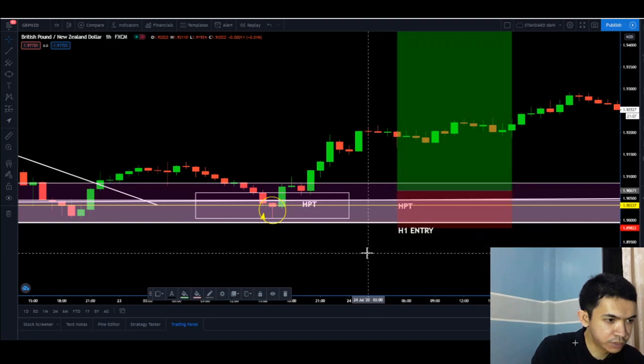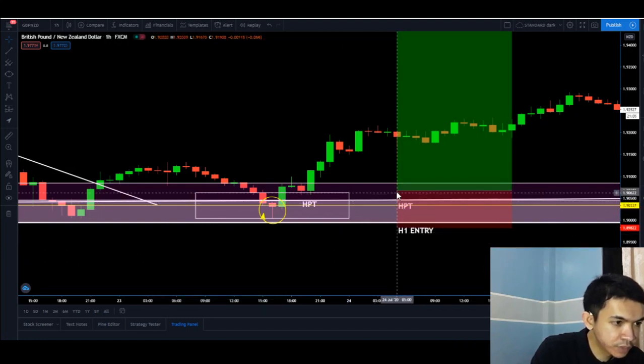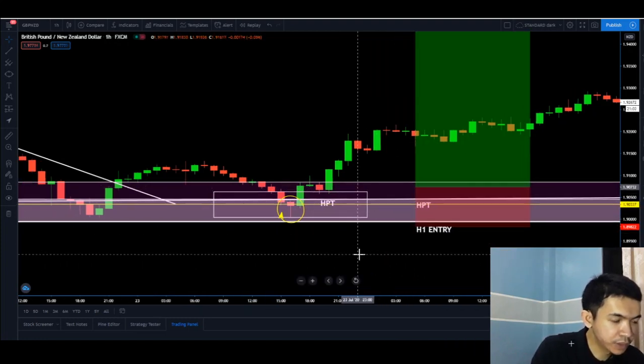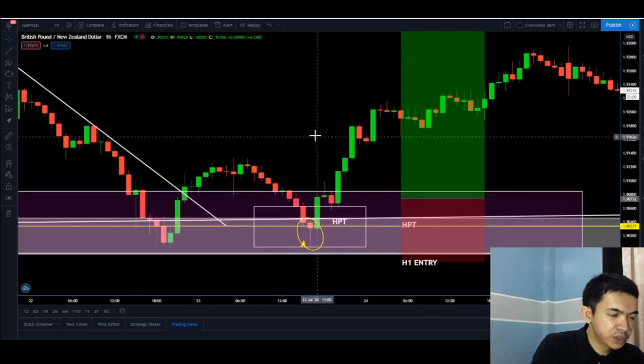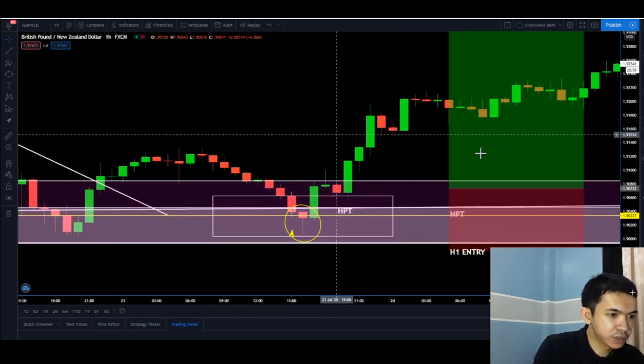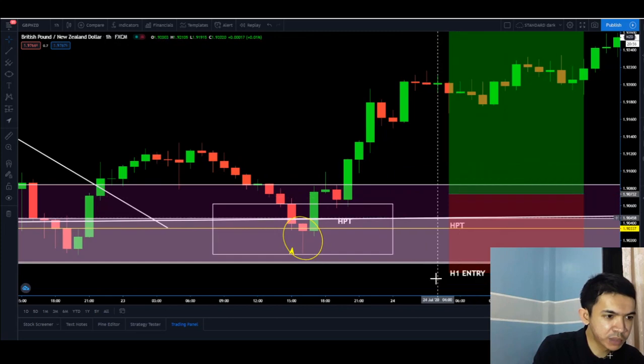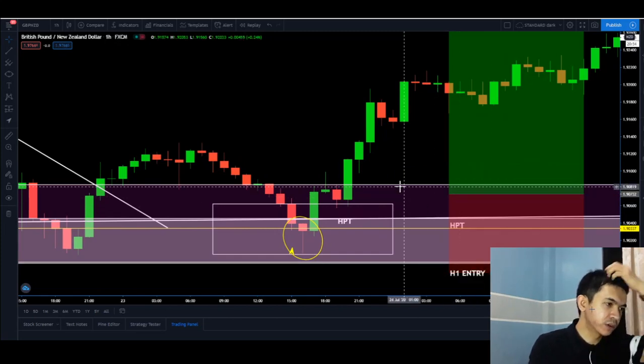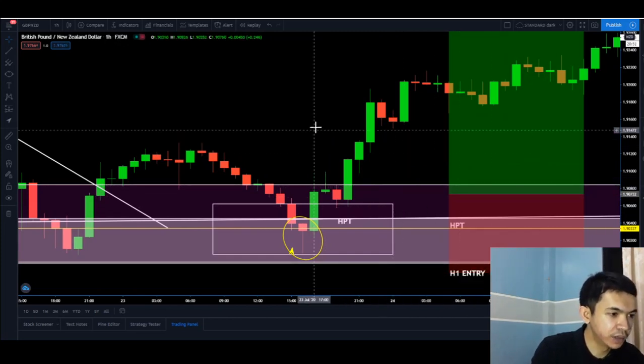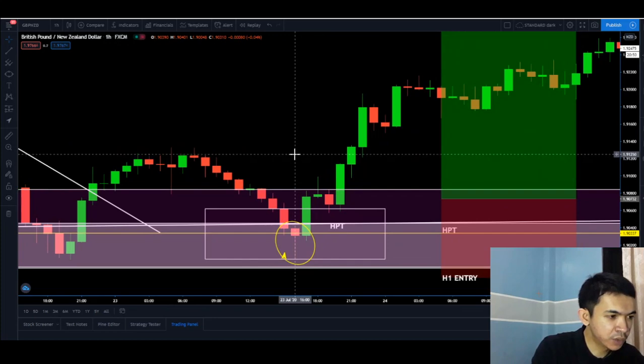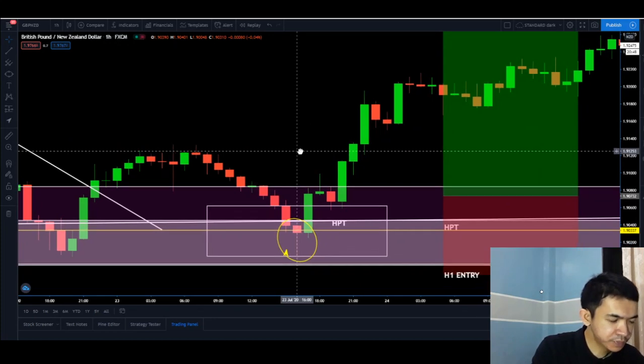Structure below, right? So I'm on an H1. I still want to improve my stop loss to tighten it a bit. So what will I do?